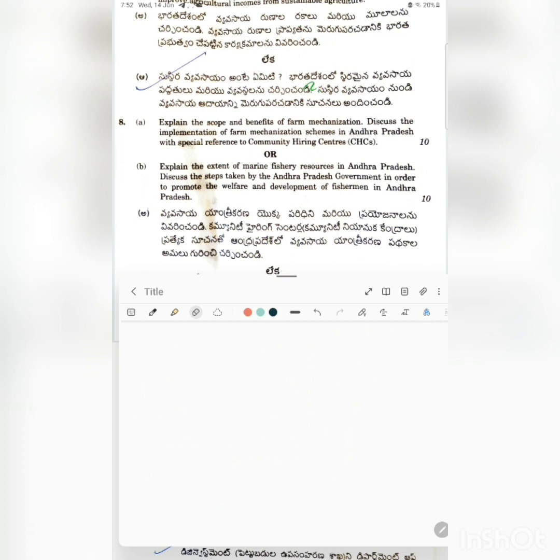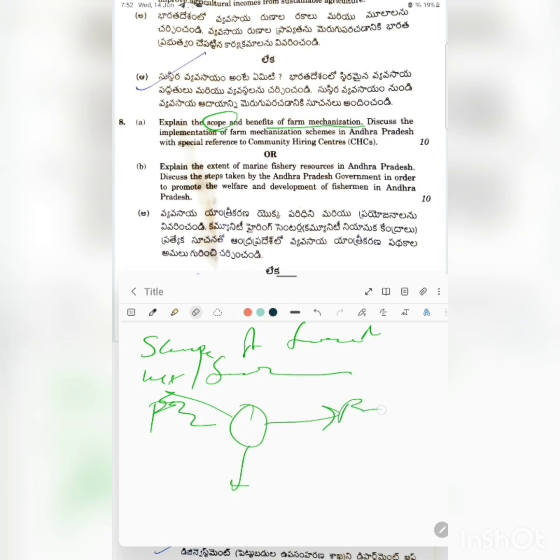So in the exam hall, I chose to write the scope and benefits of farm mechanization. In the introduction, I wrote what farm mechanization is. Farm mechanization takes place in pre-harvesting, harvesting and post-harvesting, so I wrote about the scope of farm mechanization in this aspect.